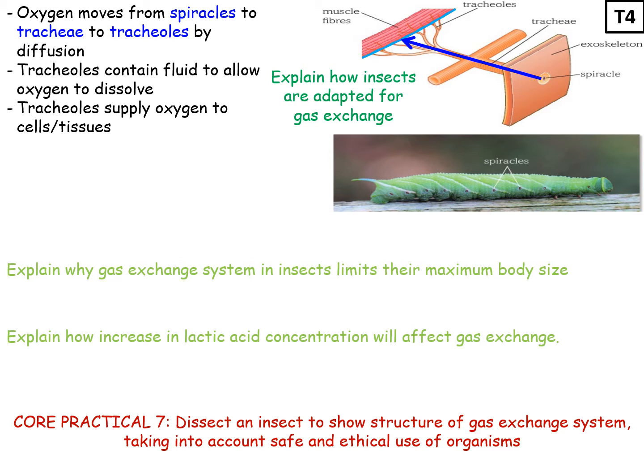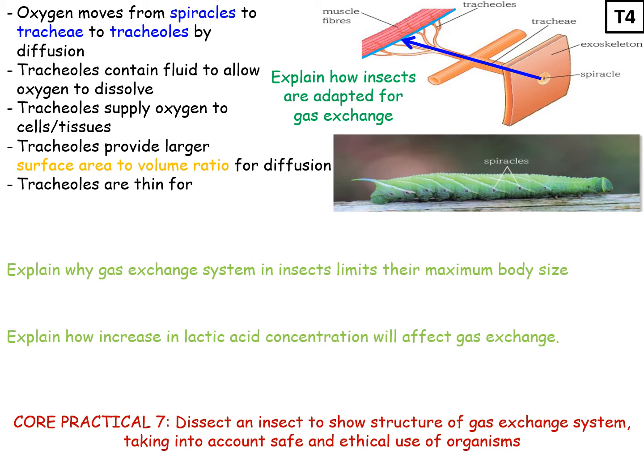To increase the rate of diffusion, again, we use the three ideas of how to increase the rate. So we've got tracheoles, they provide a larger surface area to volume ratio for diffusion. The tracheoles are also thin, so clearly that's going to shorten the diffusion distance.